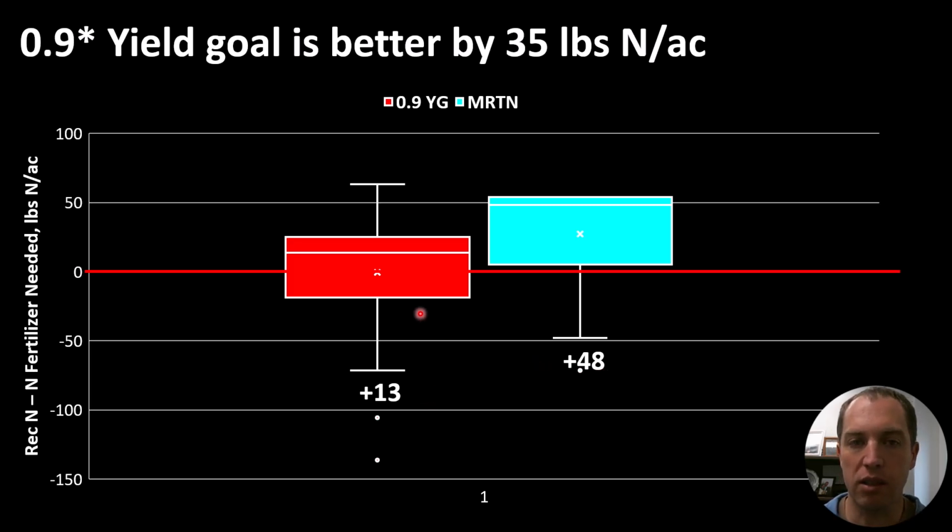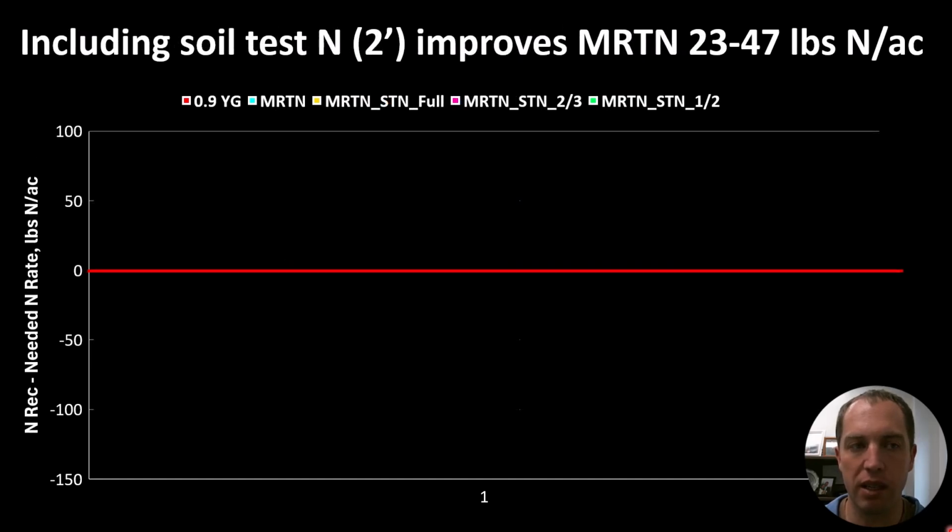However, we know the yield goal system subtracts credits, such as soil test N, legume, things like that. The legume is already inherently in the MRTN recommendation based on different response curves, but soil test N is not necessarily part of that. So let's look at what happens if we incorporate soil test nitrogen into this system. Again, above the red line is over-recommendation, below is under-recommendation, so we want to be as close to the middle as we can.